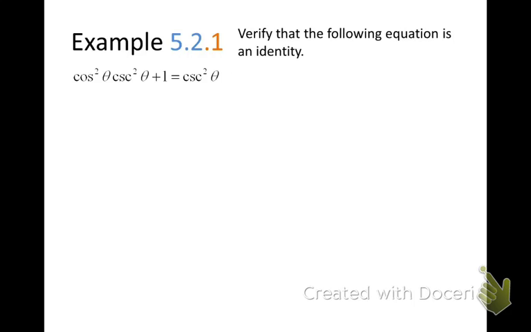The left-hand side looks more complicated. What are you thinking? So we're trying to condense this down to just the cosecant squared. What are your thoughts? Yeah, no, you can't just take it out of the cosecant.